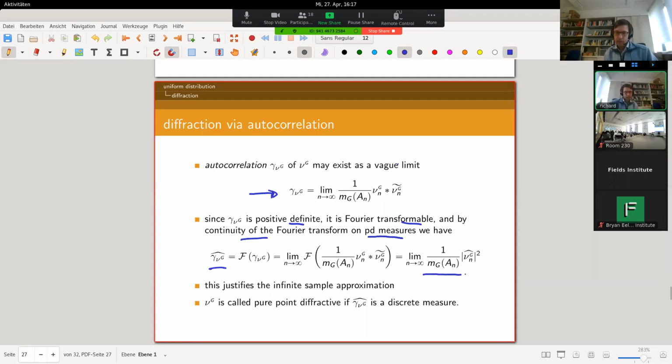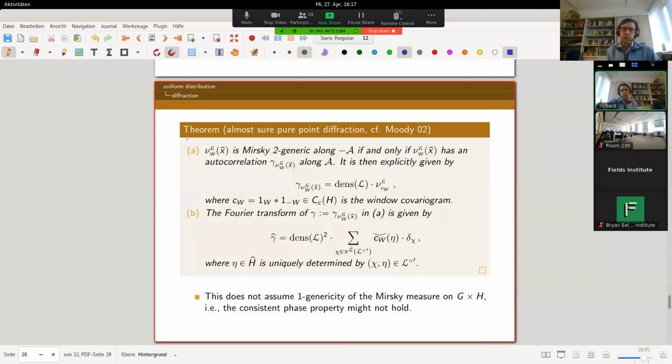And you get this statement that you can describe the experimentally observed diffraction asymptotically via its infinite idealization. And then you can talk about pure point diffraction and so on. Good, so here's the result, almost sure pure point diffraction, also here a characterization, which is essentially, of course, Mudis work, but we have sort of specialized the sets of full measure where this appears.